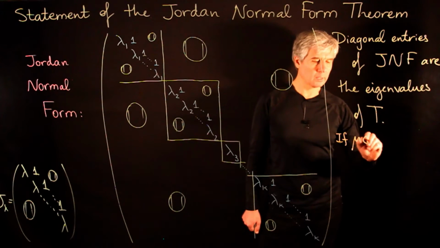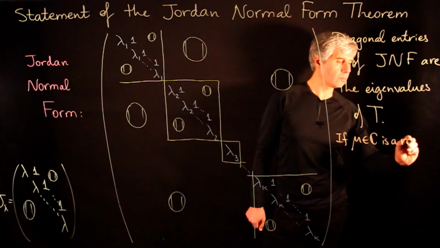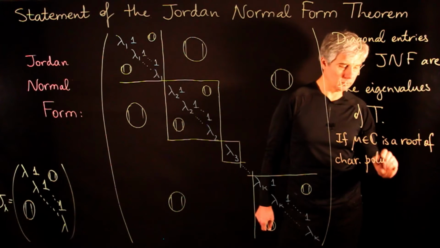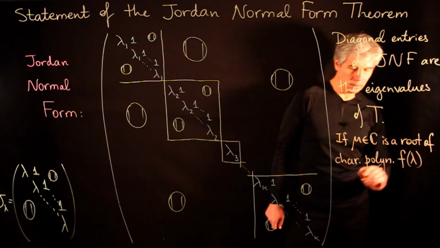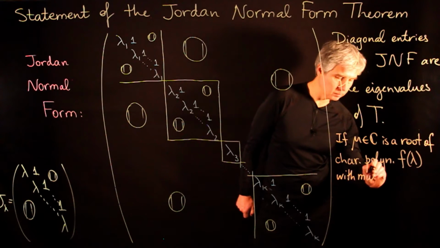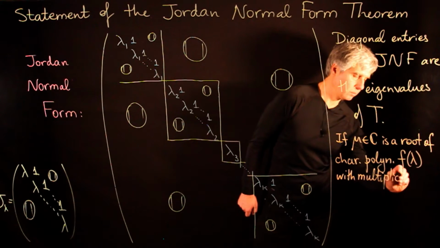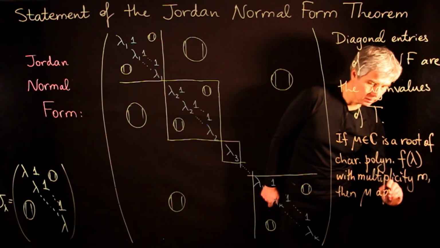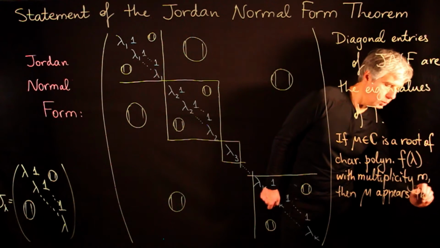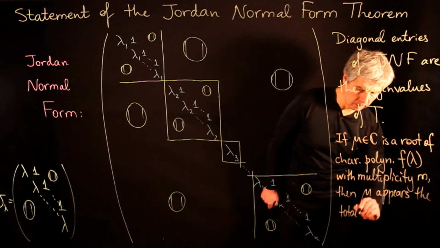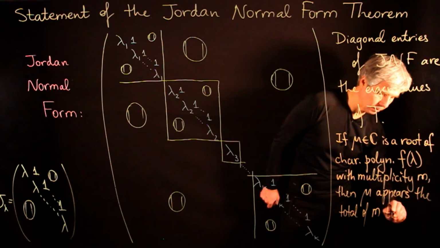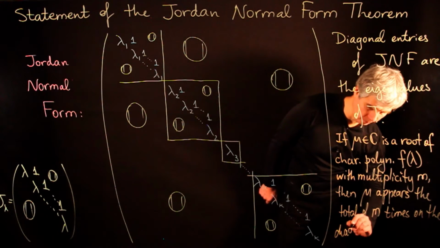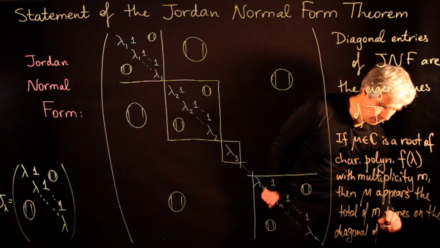If mu is a root of the characteristic polynomial f of lambda with multiplicity m, then mu appears a total of m times on the diagonal of the Jordan normal form.